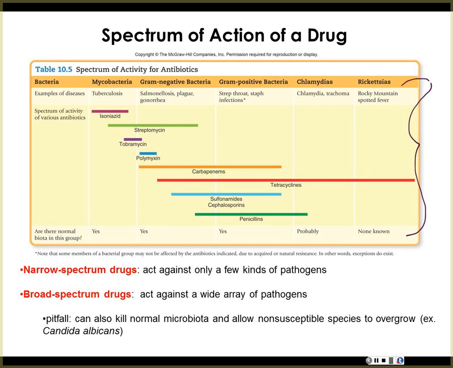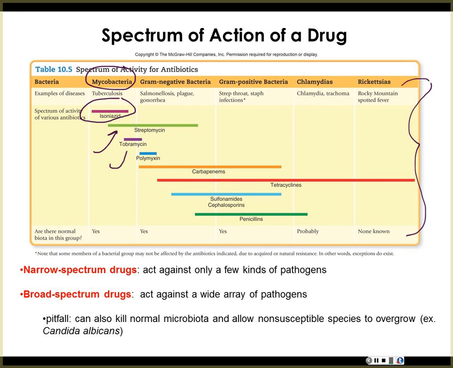And notice this group over here, the mycobacteria. Good old Mycobacterium tuberculosis. It always shows up all throughout the whole class as a big pain in the butt type of bacteria. It's resistant to many things. What you see here is a drug called isoniazid that can be used in tuberculosis patients, and streptomycin can be used in some cases.